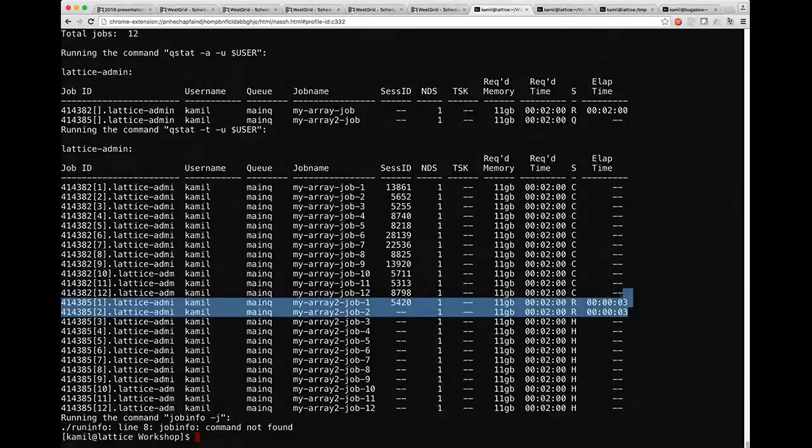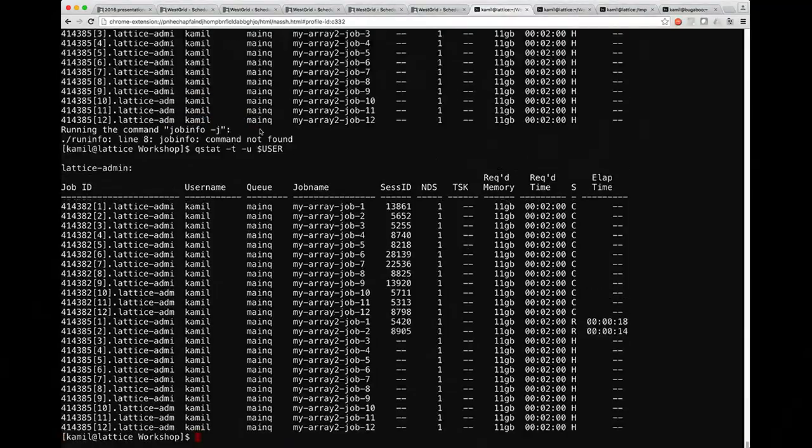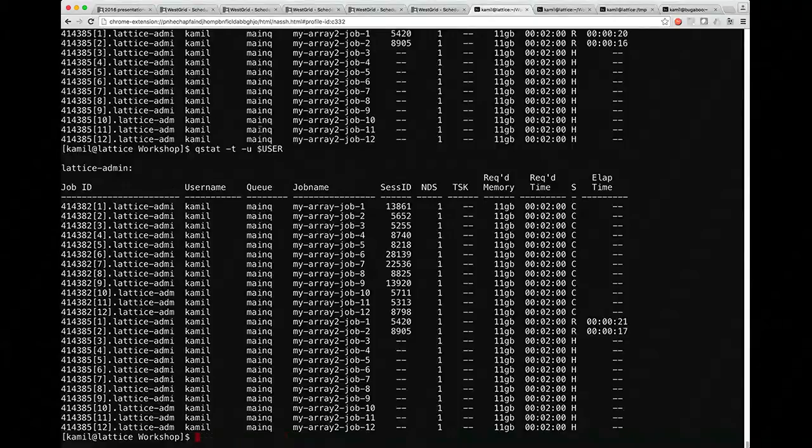So we see the first 2 starting, the other ones are still waiting. In a few seconds, we'll see that these will end, and the next set of 2 will begin.